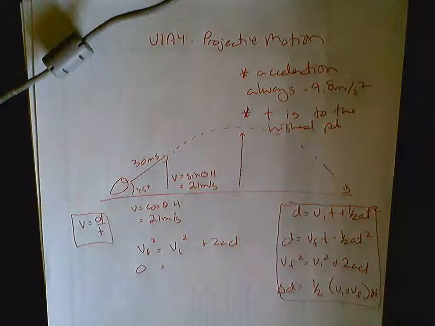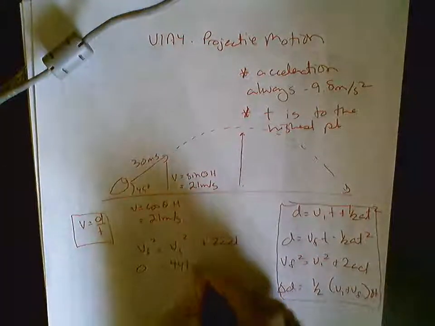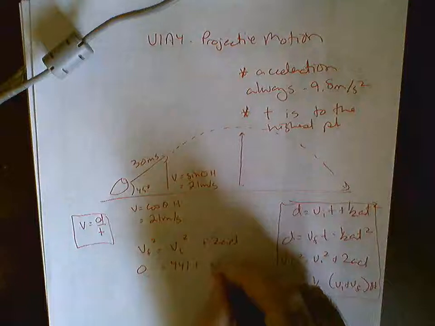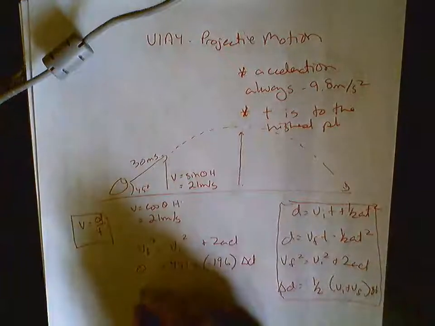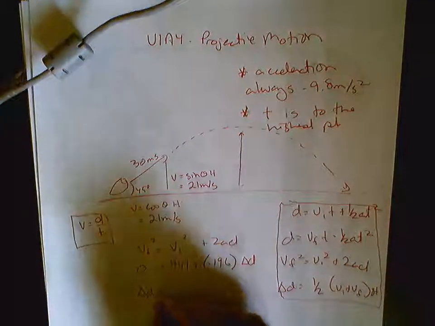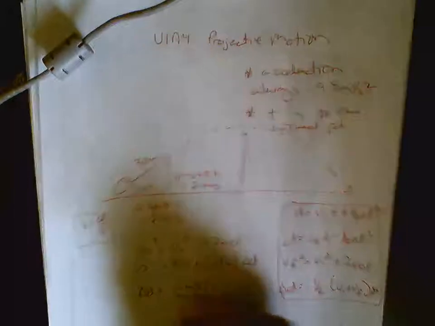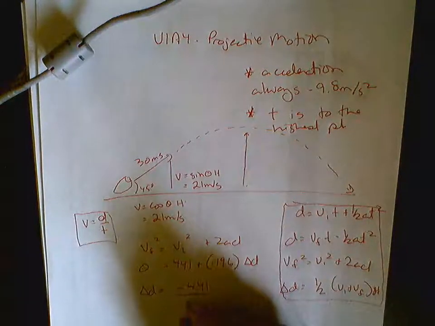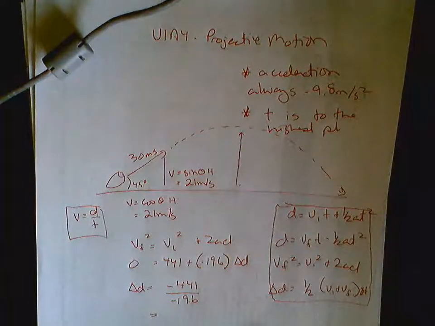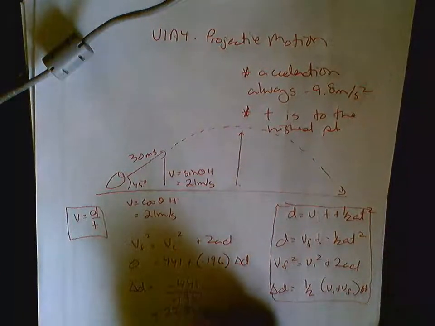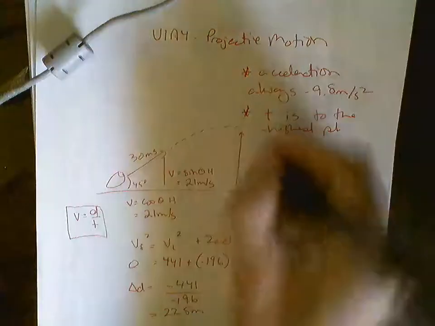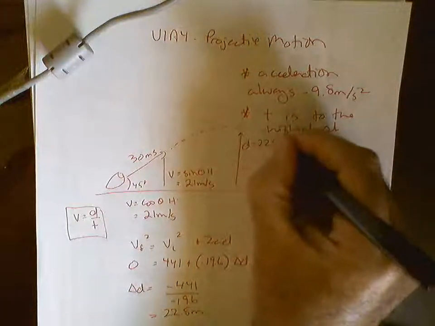We have 21 for our initial velocity, so that's 441 plus 2 times our acceleration, negative 19.6 delta D. If I rearrange this, delta D equals negative 441 divided by negative 19.6. That's equal to 22.5 meters up. So that distance here is 22.5 meters.